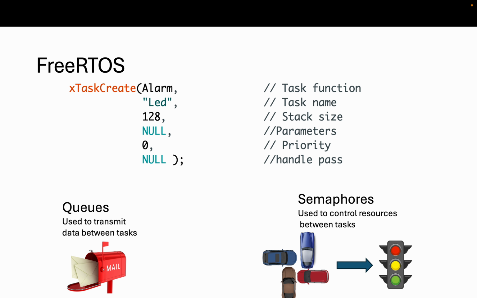It's going to stop the other 3 cars so that 1 car can cross at a time. So that's how a semaphore works. It's a signal that is going to be taken by one task so that the task can use any hardware resource. And once it releases the semaphore, another task can take it.